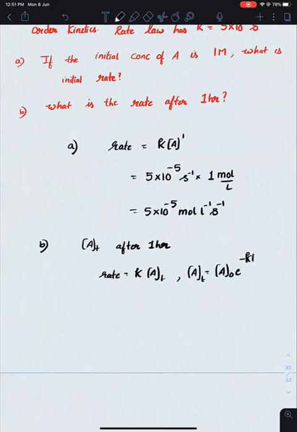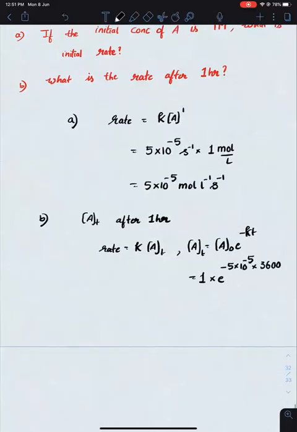A naught into e power minus kt. A naught कितना है, 1 molar, into e power minus 5 into 10⁻⁵ into time, seconds में पुट करना पड़ेगा आप लोग को, because k units are 1/second. So 3600 होगा. अगर k 1 hour में दिया तो you can put the time in hours. If the value of k is given in terms of seconds, you need to put that in terms of seconds.